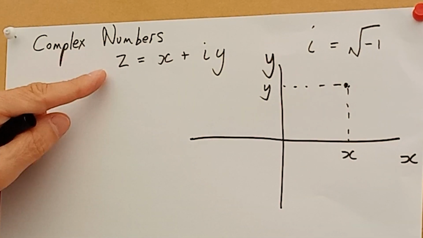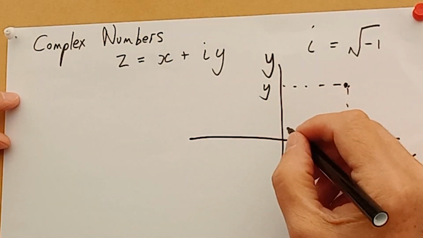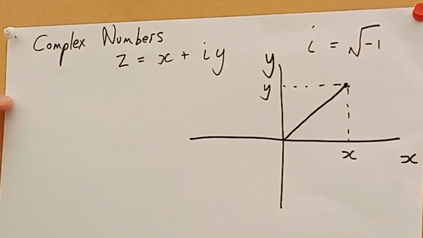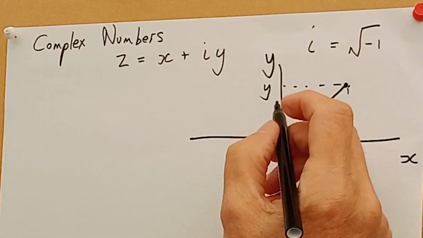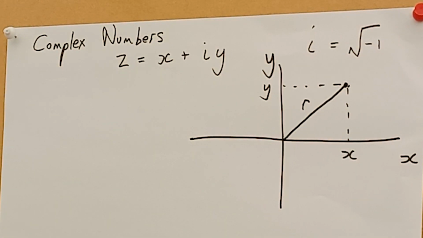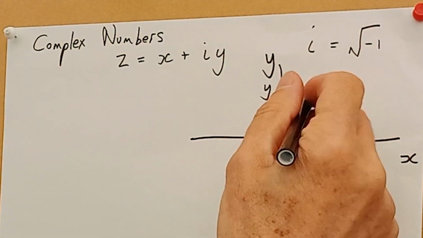We can also represent this number in what's called the polar form, and to do that we simply have a line there, and we'll call that line the distance r, and we call this angle theta, and we can work out one or two things.